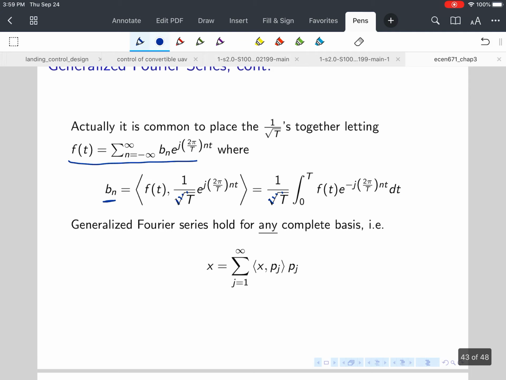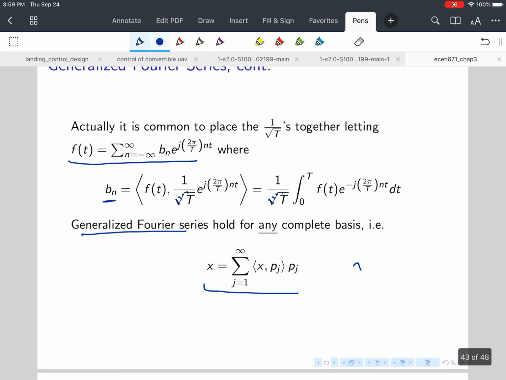So, in general, we can talk about generalized Fourier series, where for any orthonormal basis vectors, we can write x as the sum of the inner product of x with pj times pj.